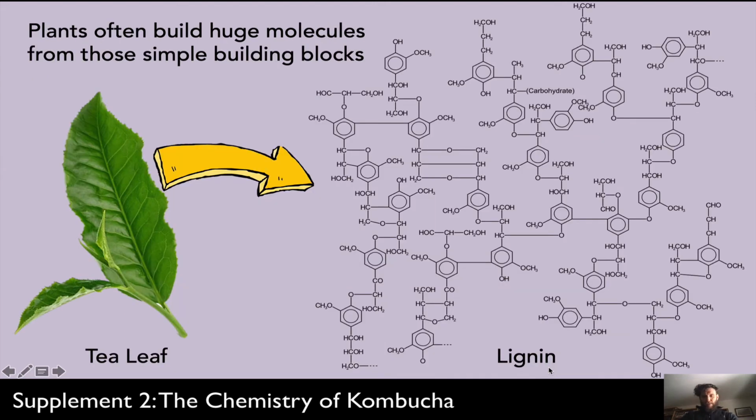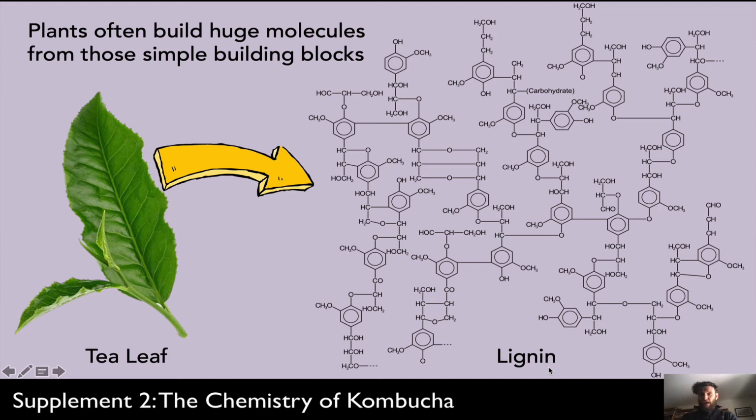So let's get into the chemistry of it. Holy smokes, look at that. Plants, such as tea leaves, often build these huge molecules from those very simple building blocks that I showed you earlier in the talk. The hydroxyl groups. If you look at this molecule, you'll see hydroxyl groups, carbonyls, carboxylic acids, esters. There's lots of esters in there.